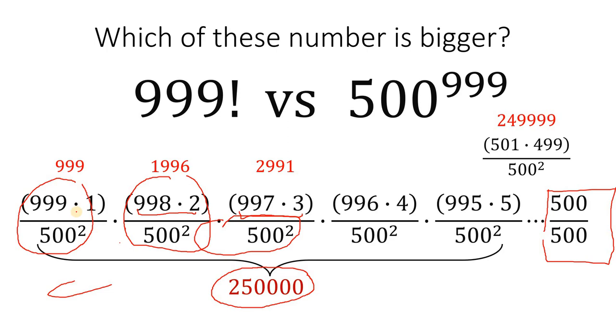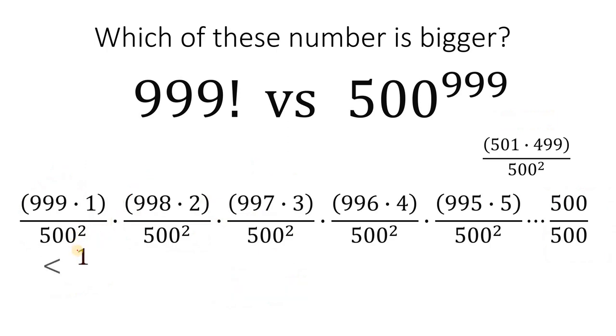It means that the first fraction, 999 times 1 over 500 squared, must be less than 1. The second fraction is also less than 1, and all the way until 501 times 499 over 500 squared is still less than 1.